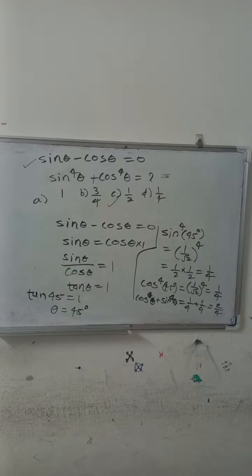Can I erase this? Everyone understood? You can use identities also, but that will become very lengthy. Sin squared whole squared we can do, but it will become very lengthy. So to avoid that, we use this method over here. Okay, so you can copy this.